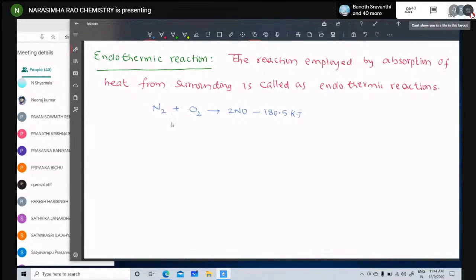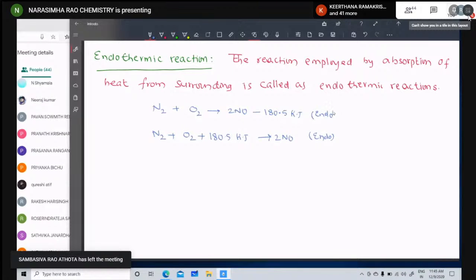It's clear. Now, in another manner, N2 plus O2 plus 180.5 kilojoules gives rise to NO. This is also a representation of an endothermic reaction.